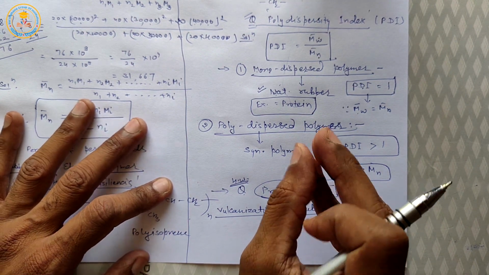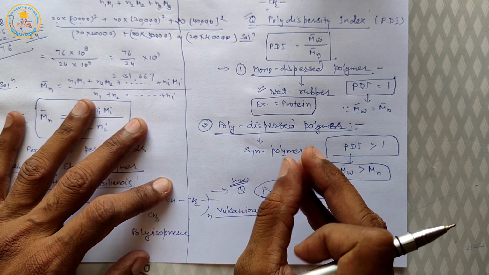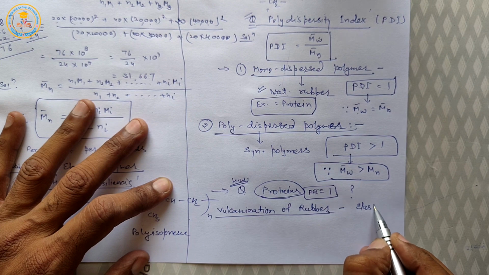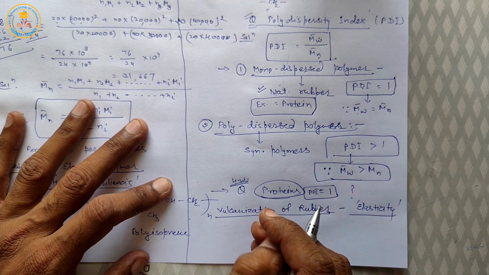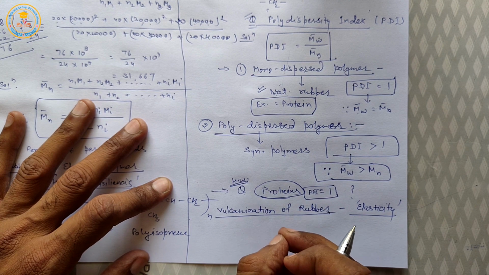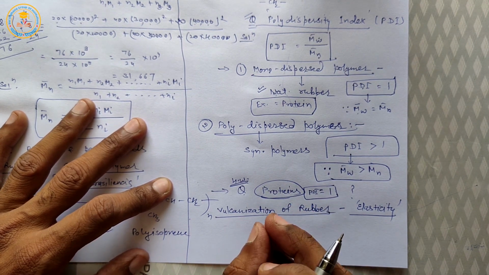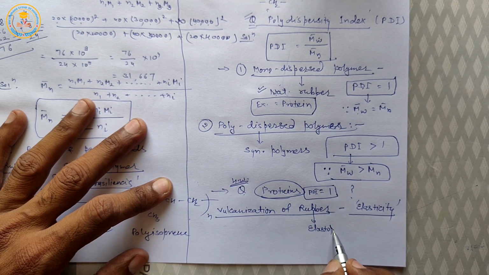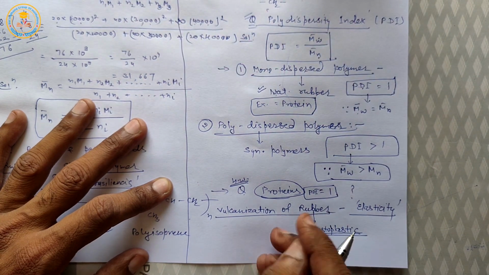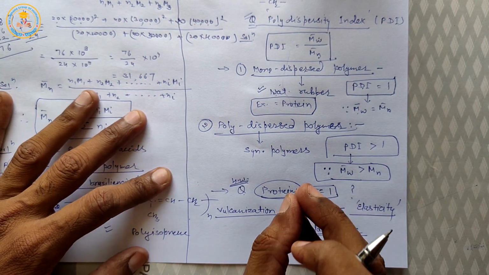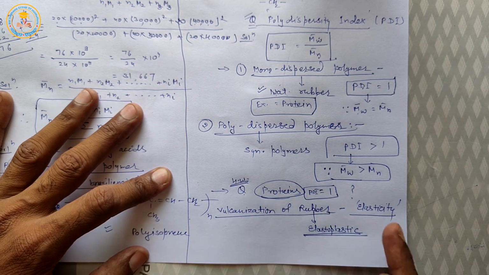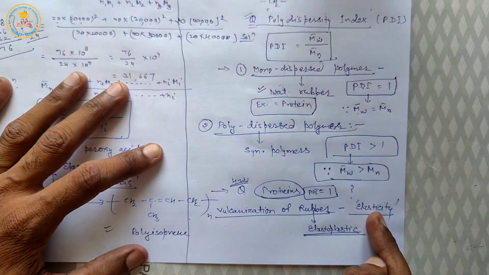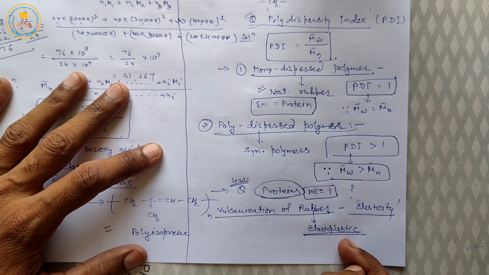The wide application of rubber is due to its property called elasticity, and that is why rubber is said to be an elastoplastic.